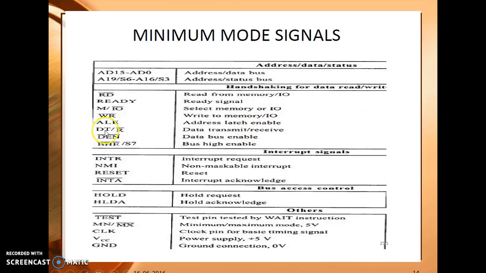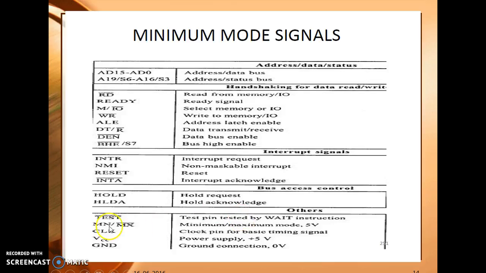ALE, address latch enable. DT/R bar, data transmit or receive. DEN, data bus enable. BHE, bus high enable. INTR, interrupt request. NMI, non-maskable interrupt. Reset. INTA, interrupt acknowledge. HOLD, that is for DMA request in minimum mode, and HLDA, DMA acknowledge.